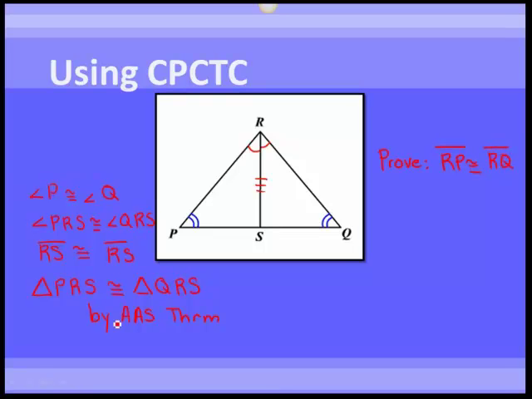Now that we know that the triangles are congruent, we can say this is true because corresponding parts of congruent triangles are also congruent.